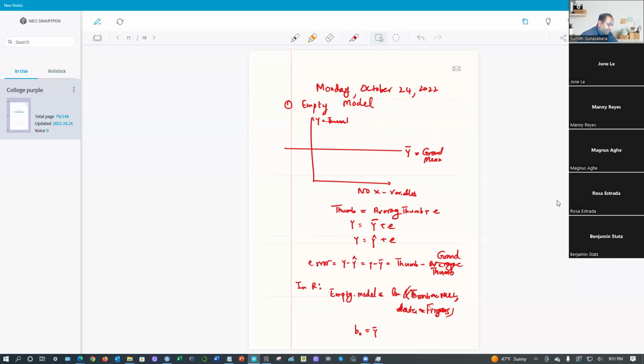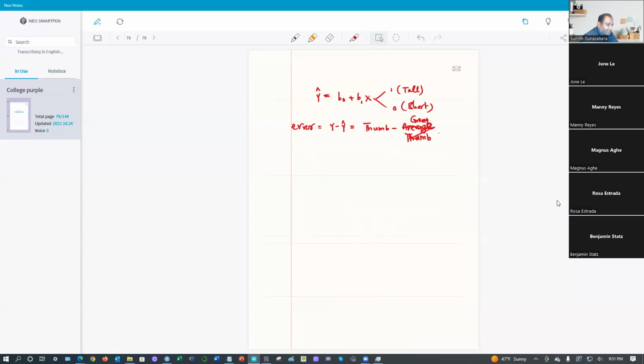This time the error depends on which group the person is in. That's how you find the error, based on the average thumb. The grand average thumb last time is nothing but the y hat, same thing. Then here also they calculate all the errors.